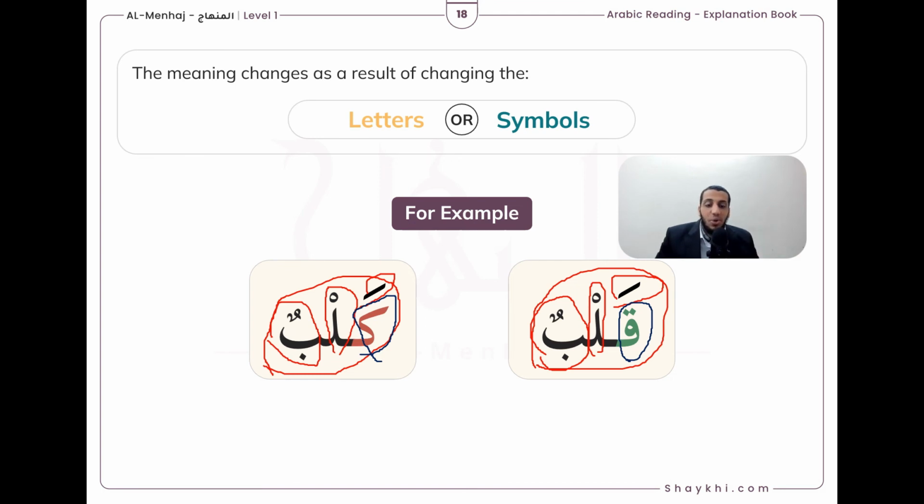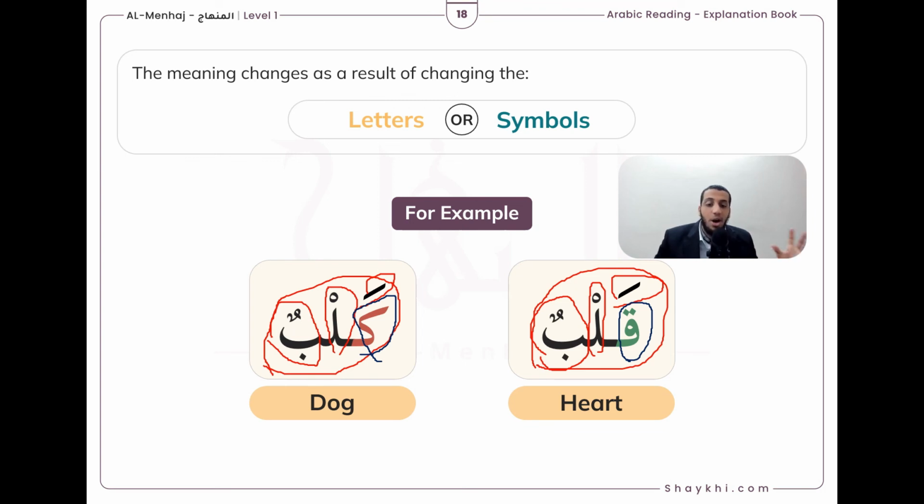Okay, so قلب means heart, okay? But كلب, check the meaning. Yes, exactly. It means dog. So the two meanings have nothing that connects them together.